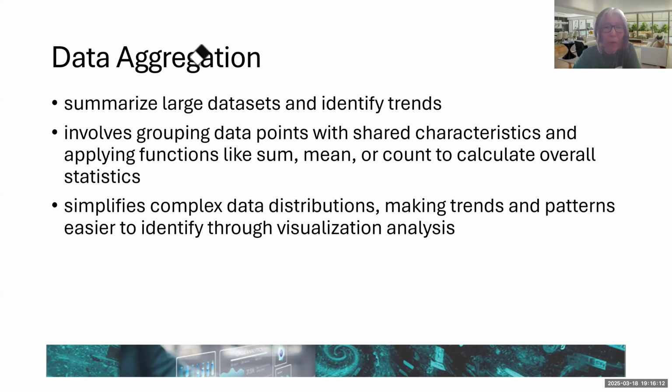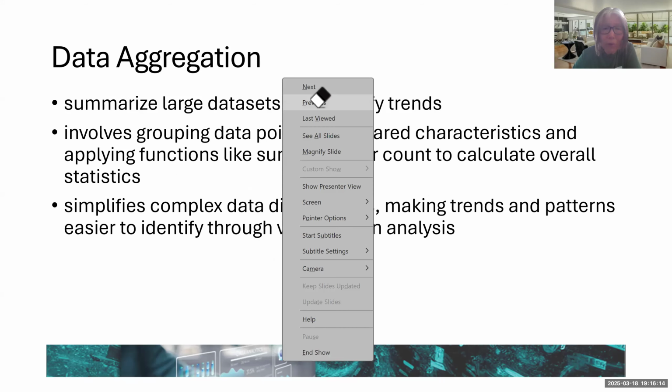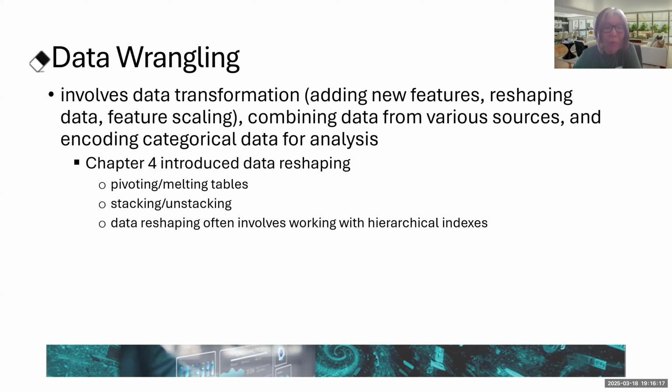More discussion about data wrangling: combining data from various sources, and we already discussed encoding categorical data. For data reshaping, we introduced it in chapter 4: pivoting and melting. If you recall, melting gets the data frame from wide to long.